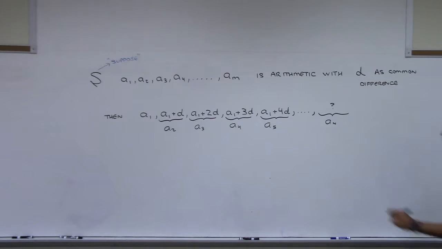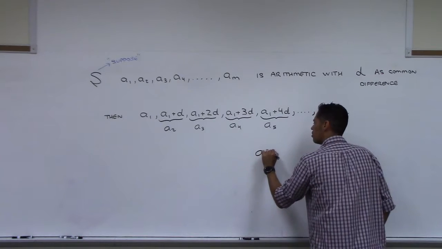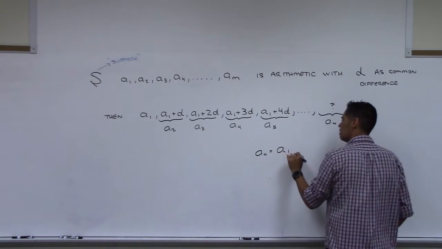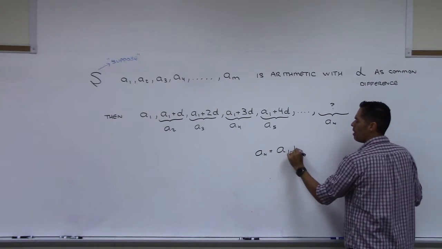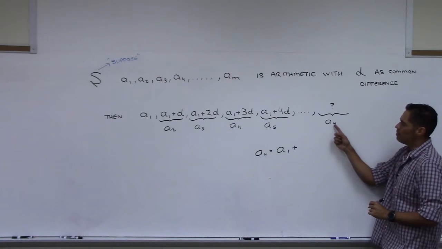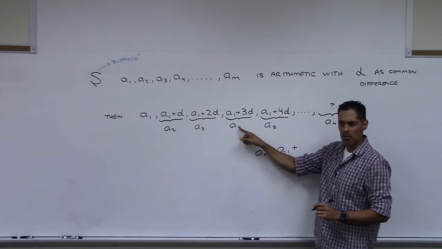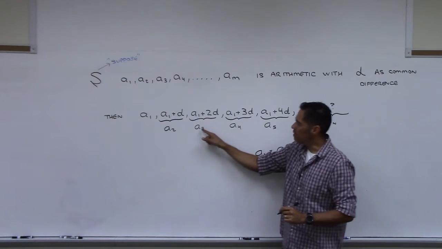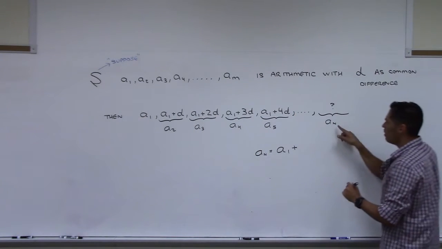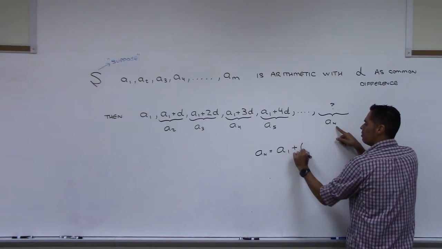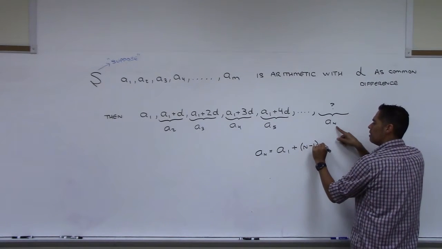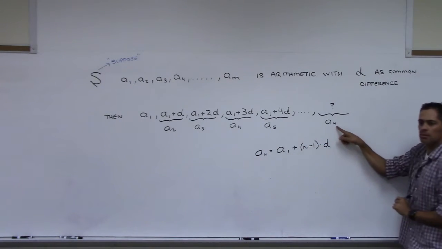It should be a sub 1, and then plus n minus 1 d's. Notice if we wanted the fifth one, we actually had to do 4 d's. If we wanted the fourth one, we had to do 3 d's. If we wanted the third one, 2 d's. So if we want the nth one, we have to do n minus 1 d's.